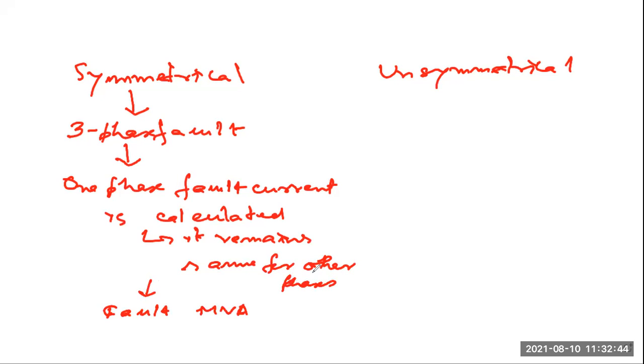Now in unsymmetrical fault, from the name it is clear that it is a kind of fault which is not symmetrical in nature. So simultaneously, there will not be a fault in three phases. A fault may occur in one phase, it may occur in two phases, or between two phases.